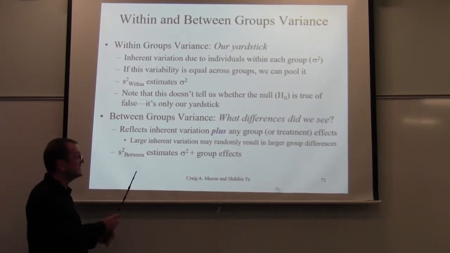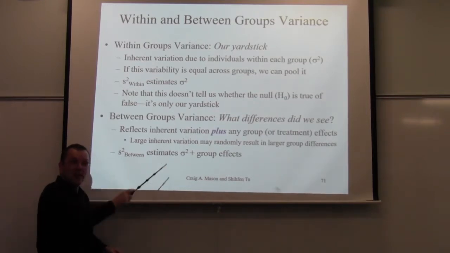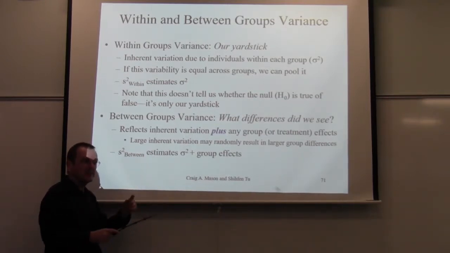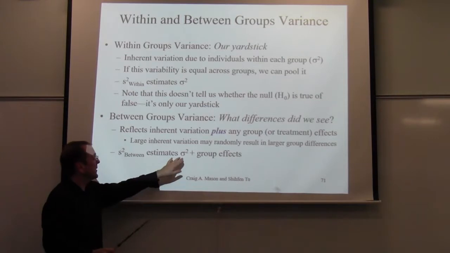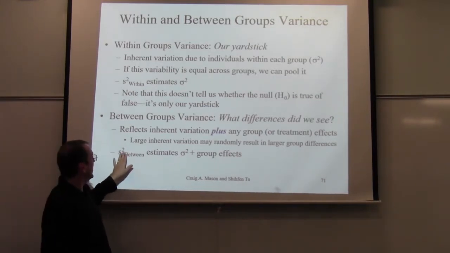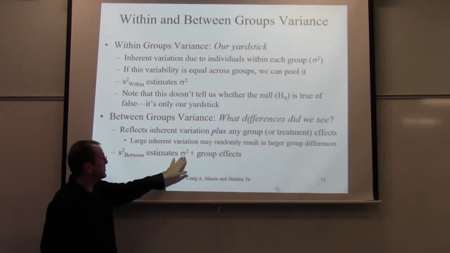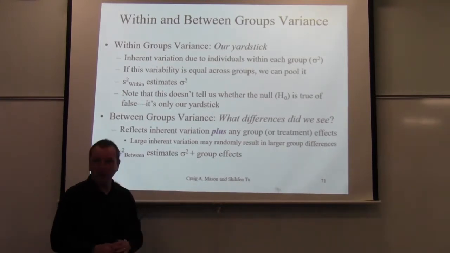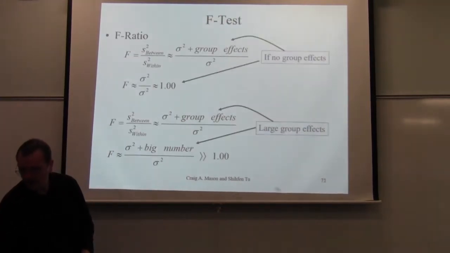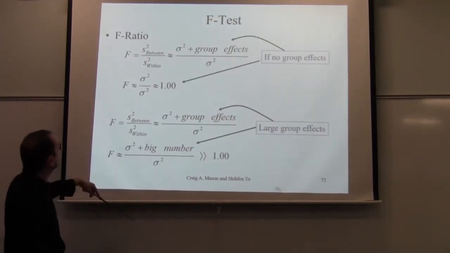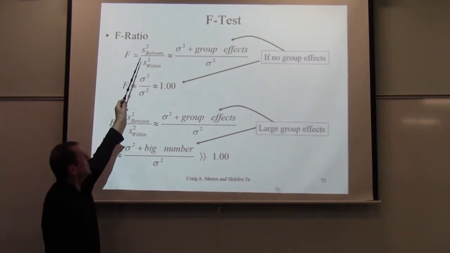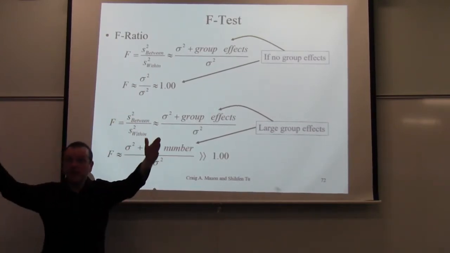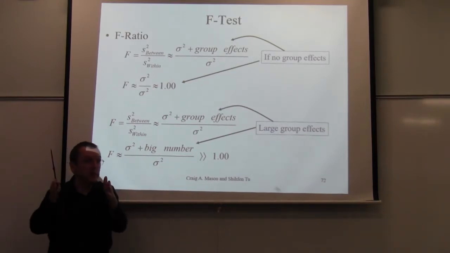This is a little more subtle, but you can hopefully start to see that. So the variance between is estimating sigma squared plus our group effects. Now, how that works out in the end, just like with the t-test: how big of an effect did I observe relative to how big did I expect?